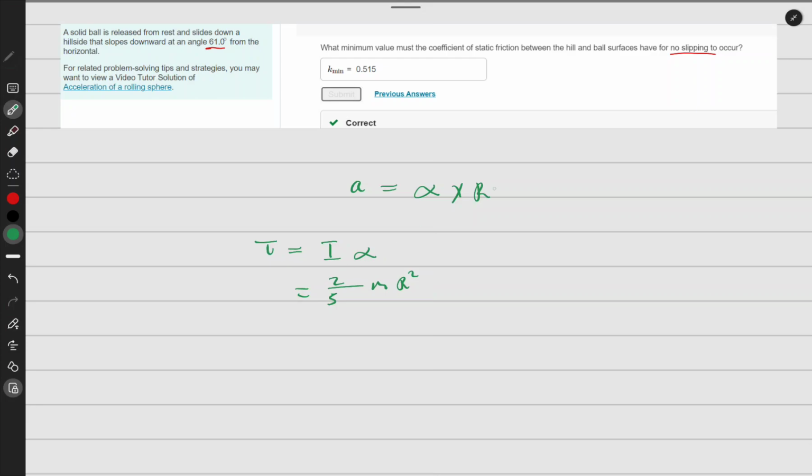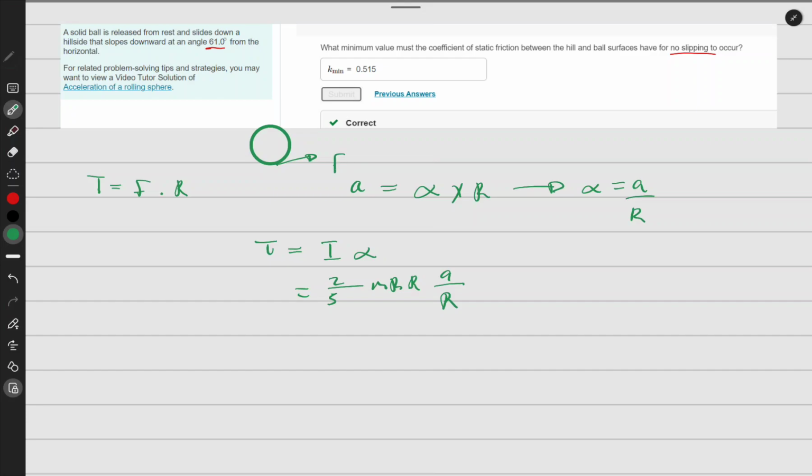And then from this equation we can get that alpha is equal to acceleration over r. Instead of putting alpha, we're going to put acceleration over r. For simplicity, let me write this r as r times r. That is the same as r squared. On the other side, we also know that torque is equal to force and the arm. The force that is causing this wheel to rotate is the friction force.